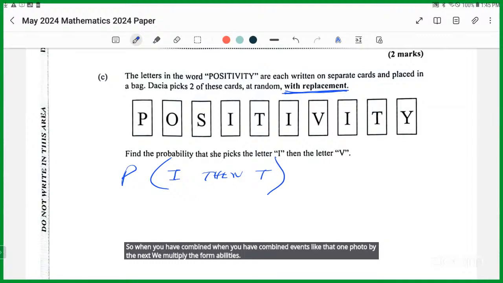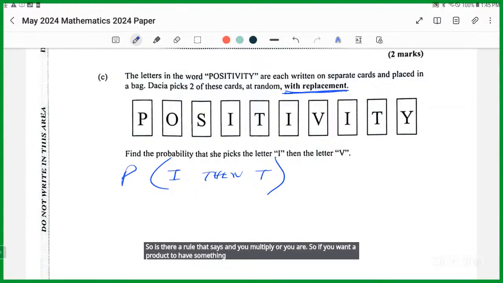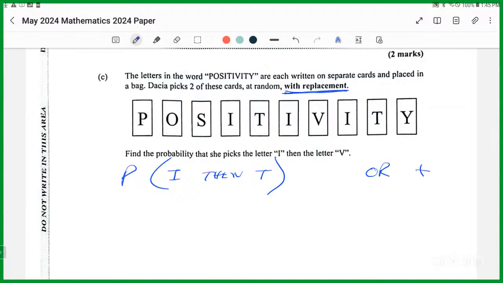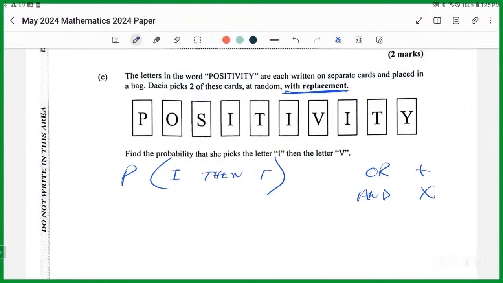There's a rule that says you multiply or you add. If you want the probability of something happening or something else happening, you add the individual probabilities, and you multiply the probabilities for combined events. Simple rule like that. All right?